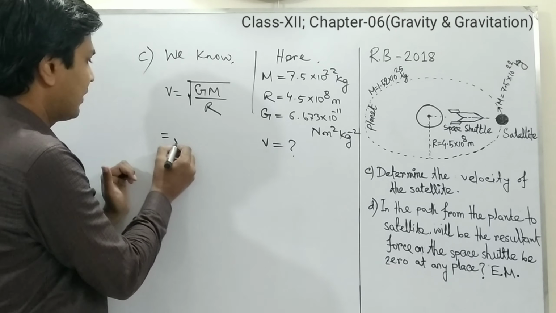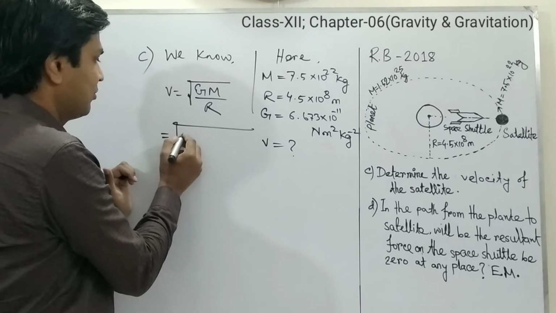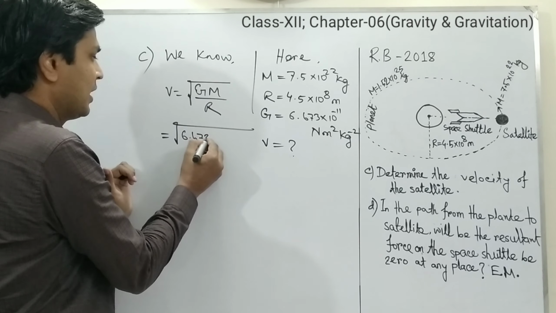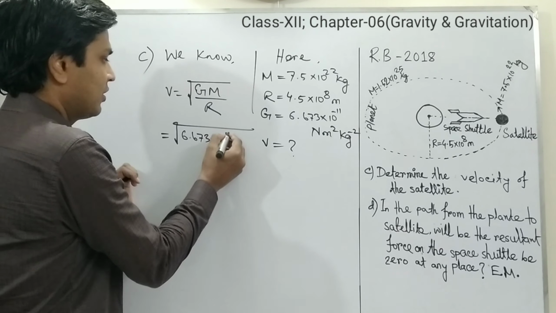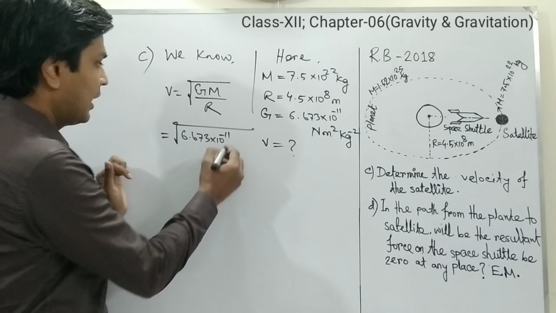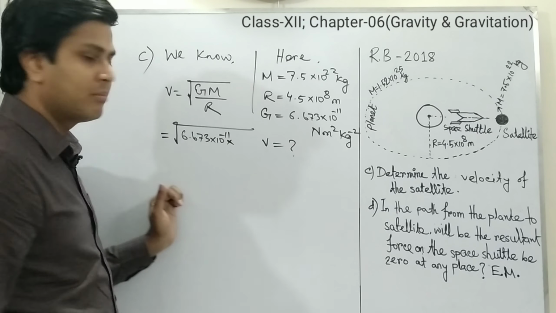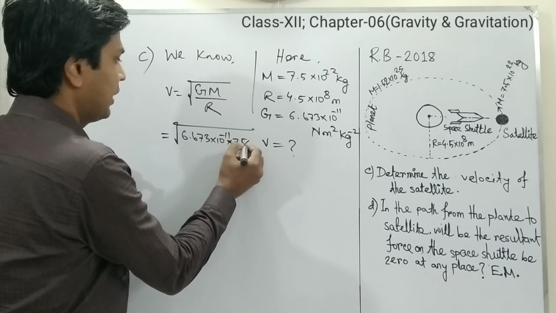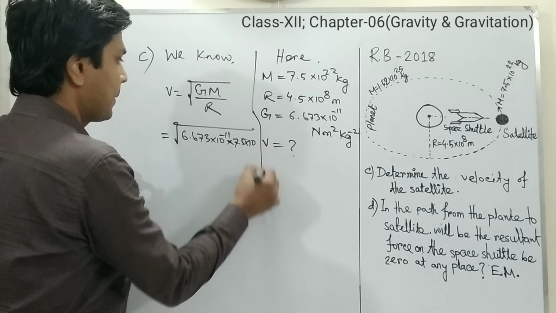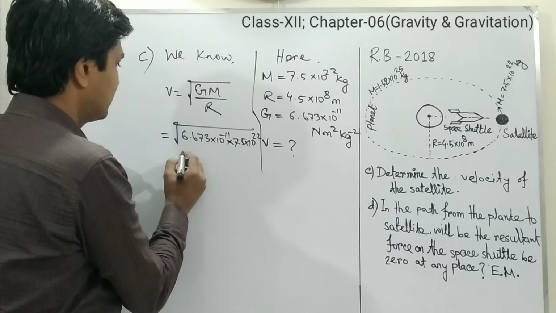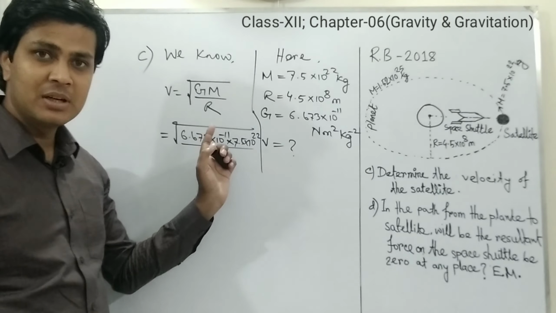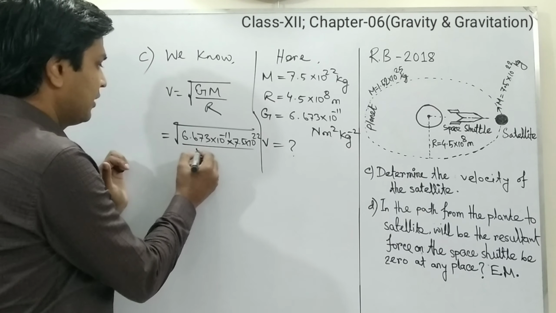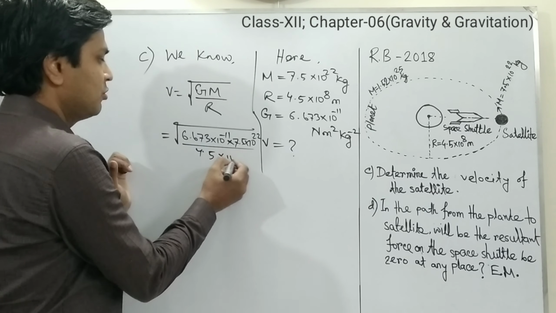That is the formula to calculate the velocity of the satellite. If we put the values of G, M and R, then we can write 6.673 into 10 to the power minus 11, and M, the mass of the planet, is given 7.5 into 10 to the power 22, and the radius of the planet is given 4.5 into 10 to the power 8.